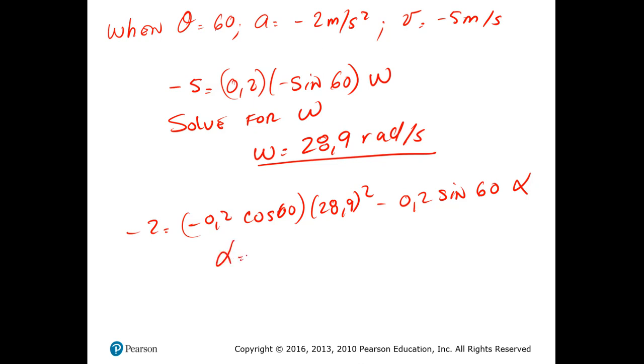If I solve for angular acceleration, I will get that this is equal to minus 470 radians per second squared, or you can also say that it is 470 radians per second squared going in the opposite direction. And that's it. That's basically what was asked of us.